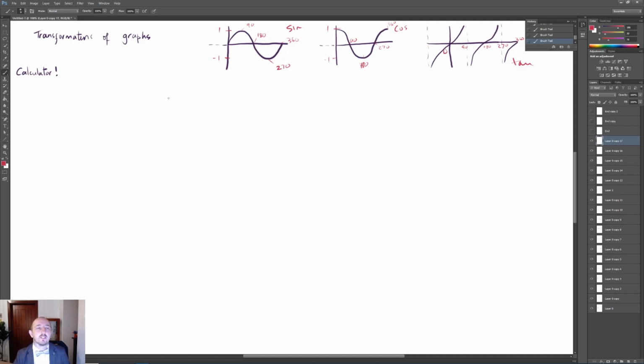So if you're transforming a graph, there are about 8 ways you can do it. You can go up and down, you can go left and right, you can stretch it or squash it in the y direction, or you can stretch it or squash it in the x direction. Alright, so if we have a graph like f of x equals sine x, like this, then the easiest thing to do with this graph is to add something, like let's say a here.